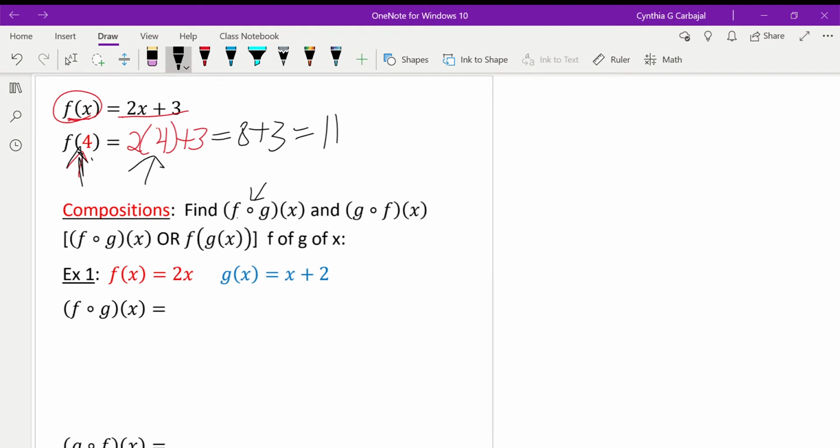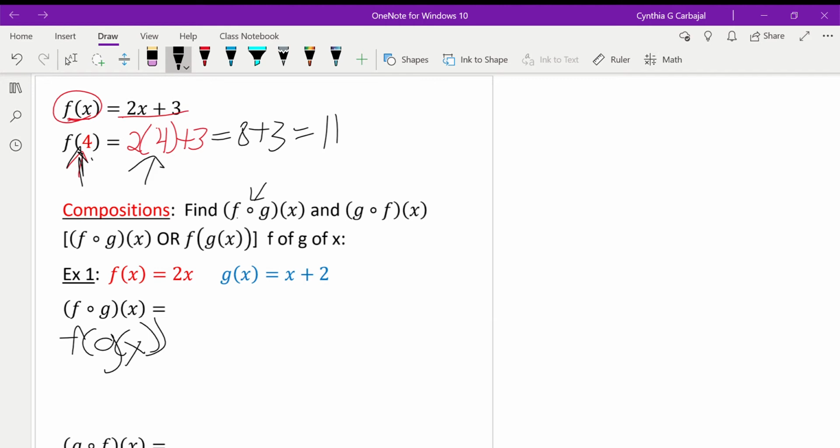But it means that you're going to look at the f function, and in place of wherever x is, you're going to plug in the g function. I like how they kind of nested in here. These mean the same thing, so just heads up. They mean the same thing, so when you see it on the test, but I just like how it looks better this way. Even though I apologize, I'm trying to write the best I can with my stencil here.